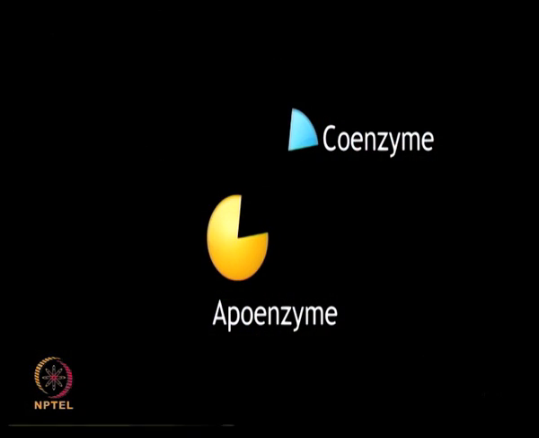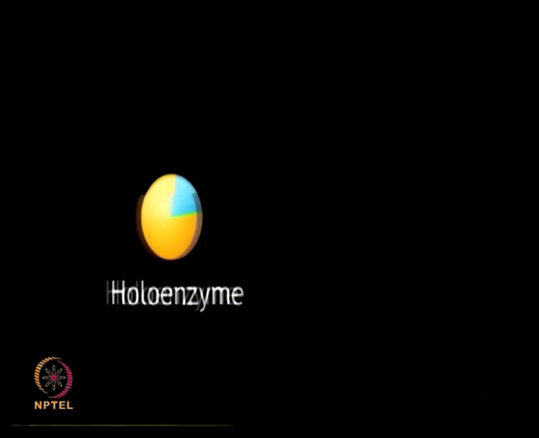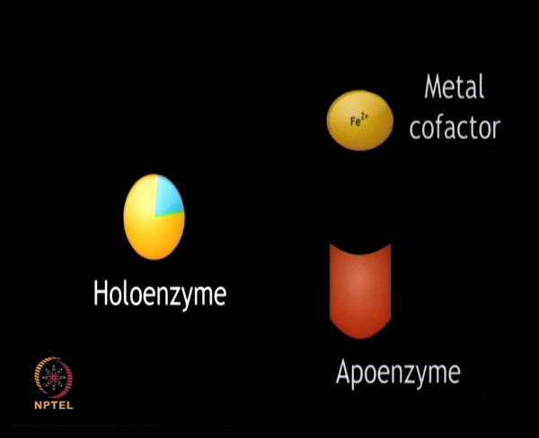Most enzymes are made up of a protein part known as the apoenzyme as well as a cofactor, which can either be an organic molecule known as a coenzyme or a metal ion. These cofactors are essential for the enzyme to be catalytically functional, and the complete functional enzyme is referred to as the holoenzyme.